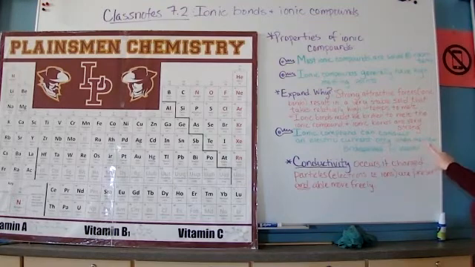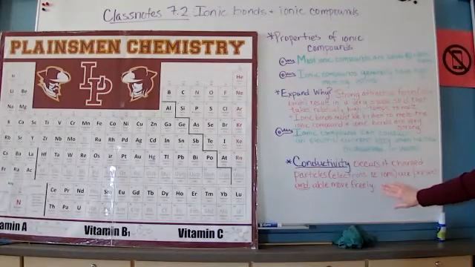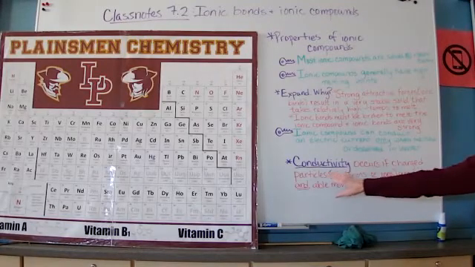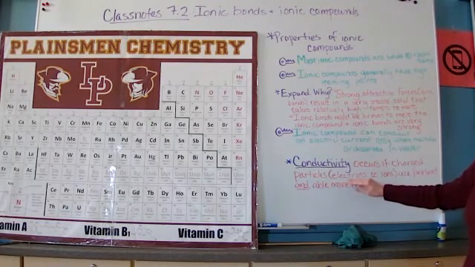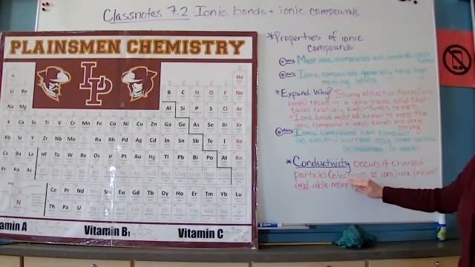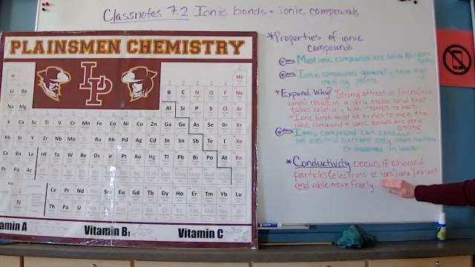Okay, so that leads us to wonder, what is it when something does conduct? What is conductivity? And that's what I have here. Conductivity occurs if we have charged particles. Those might be electrons, as in the case of metal solids conducting, or it might be ions, which are also charged particles, cations and anions.